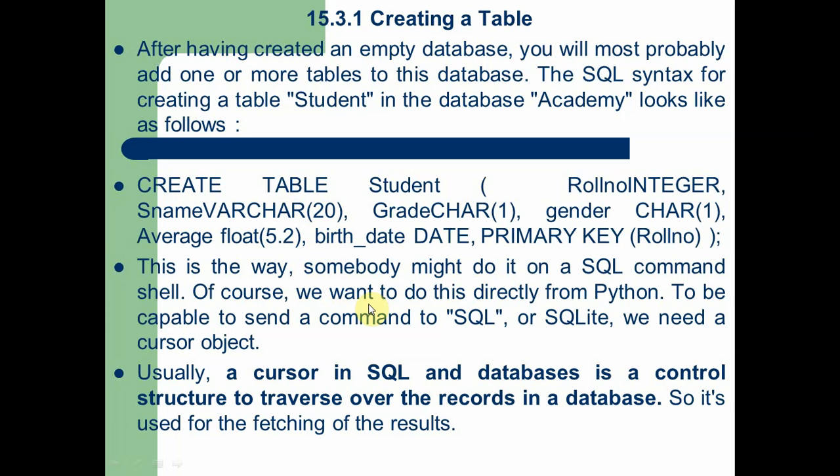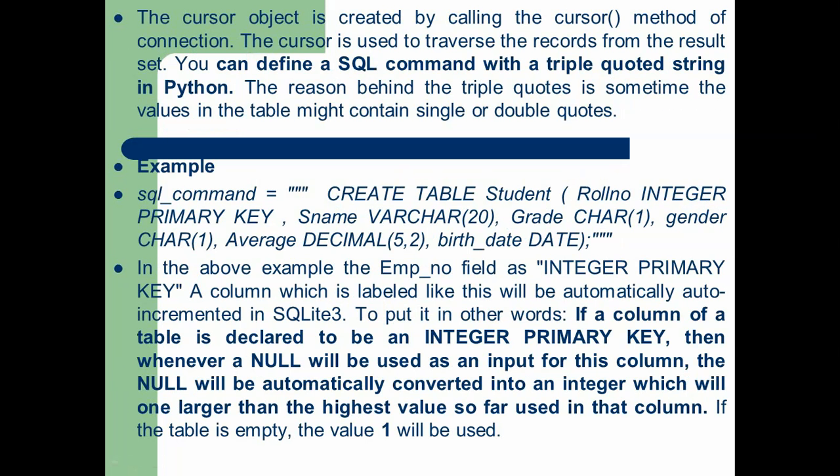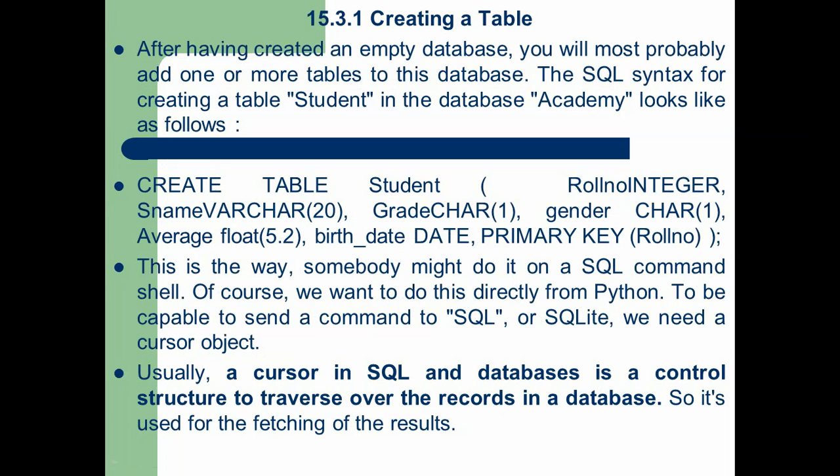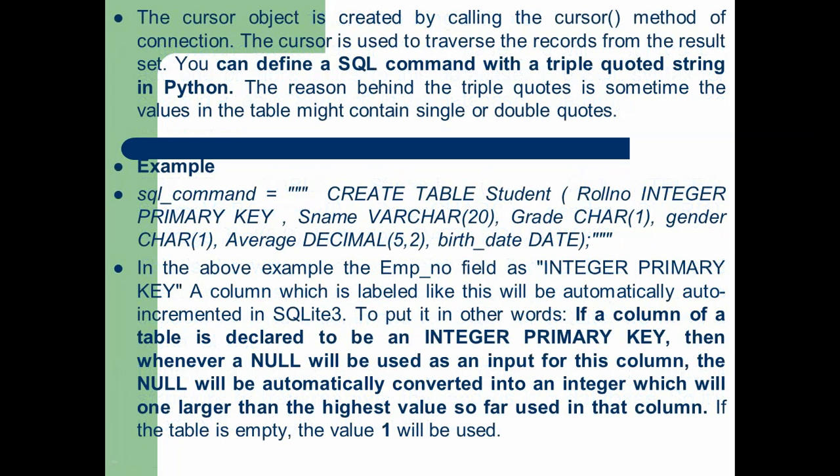So how can we execute this table command in the academy database? It is accessed through the connection object, and the cursor object is created by calling the cursor method of the connection. The cursor is used to traverse the records from the result set.